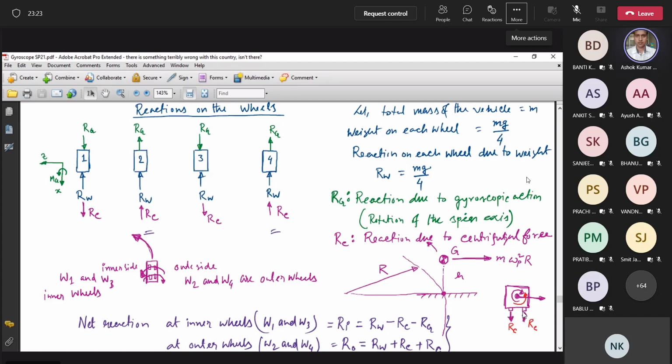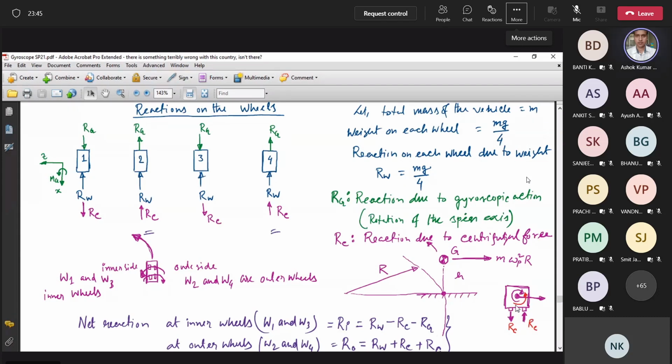So the reaction from the road is just equal and opposite. So the RC is acting upward here, and RC is acting downward here. Are you convinced with this? Is it fine? Yes, sir.